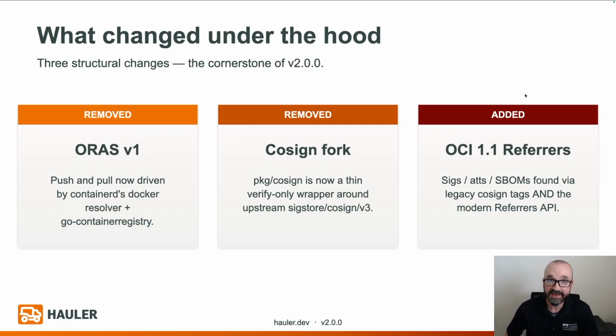We also had a cosign fork. We used cosign heavily in v1 for consuming OCI artifacts, because when we pulled an OCI artifact, we wanted to be able to handle digital signatures coming with it as well, attestations. So if you had your SBOMs and things of that nature, we wanted to also pull that in along with that container image.